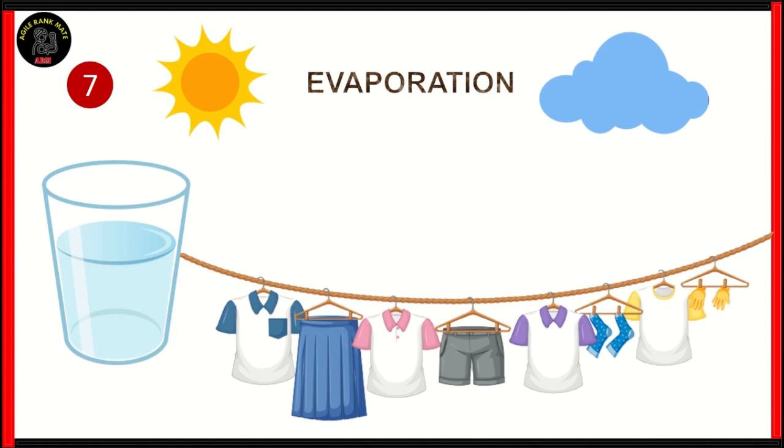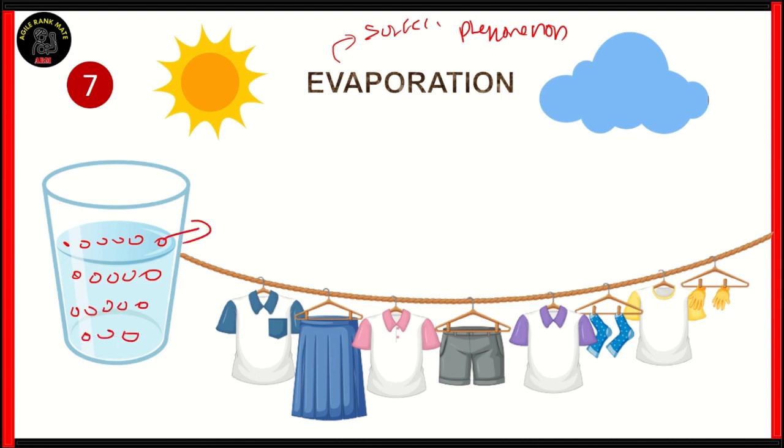As we discussed before, evaporation is basically a surface phenomenon, and we have seen the difference between evaporation and vaporization. If we have particles in the open sun, the temperature of this particle will be different from the temperature of this particle and this particle.